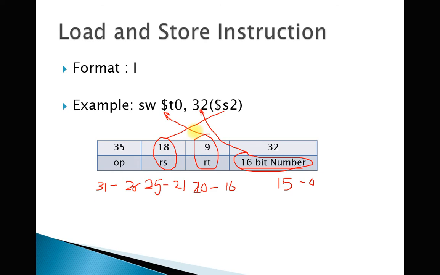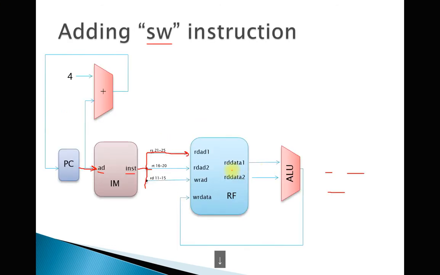What we want to do is add this 16-bit number with this RS to get the address in DM where we want to store this T0. So RS should add with this 16-bit number. We have to pass on RS and this 16-bit number to the ALU. So that's what we are doing.